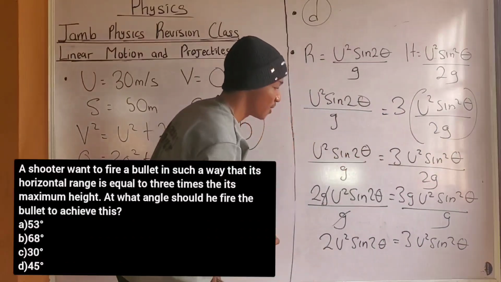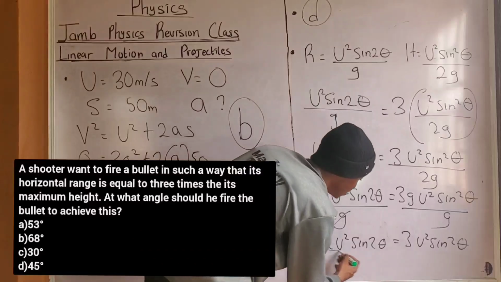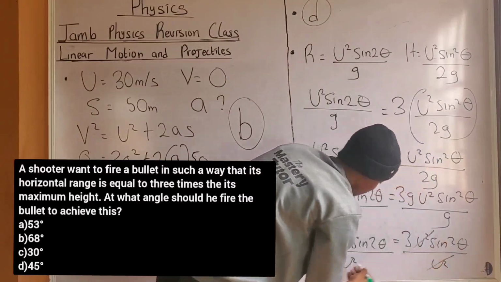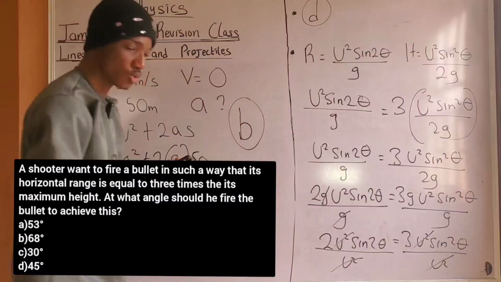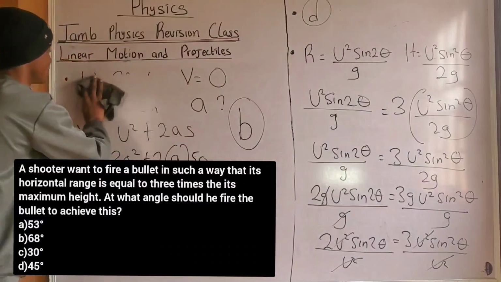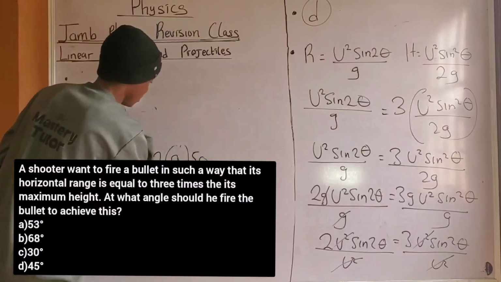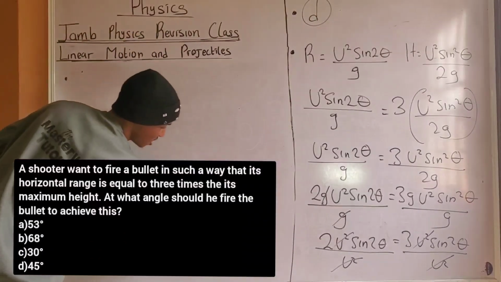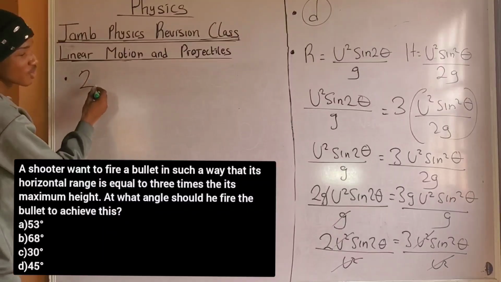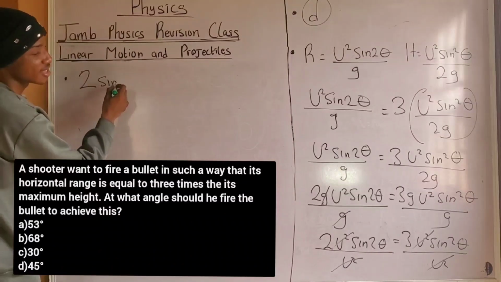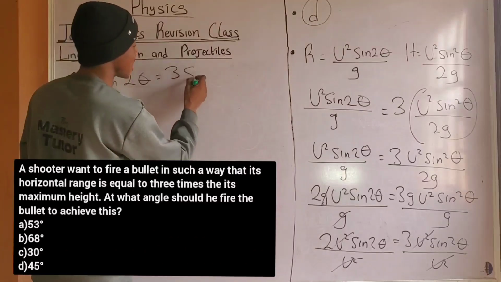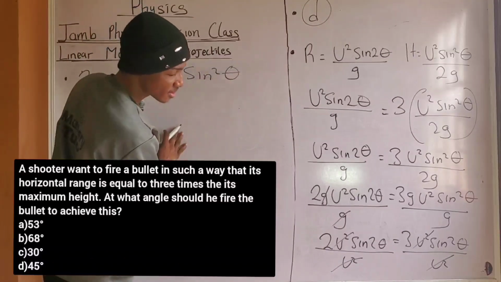In fact, we can still divide by u squared. So I'm going to have here 2 sine 2 theta equals 3 sine squared theta.